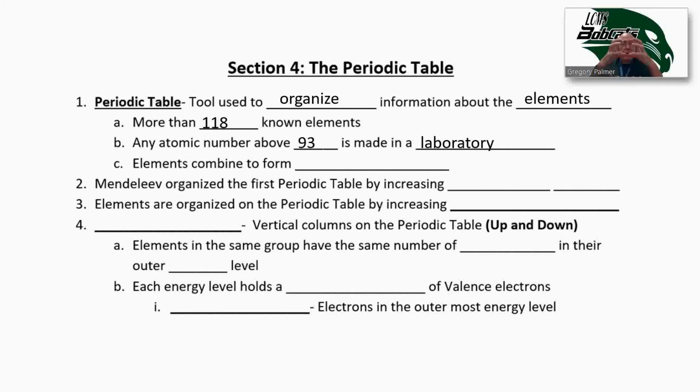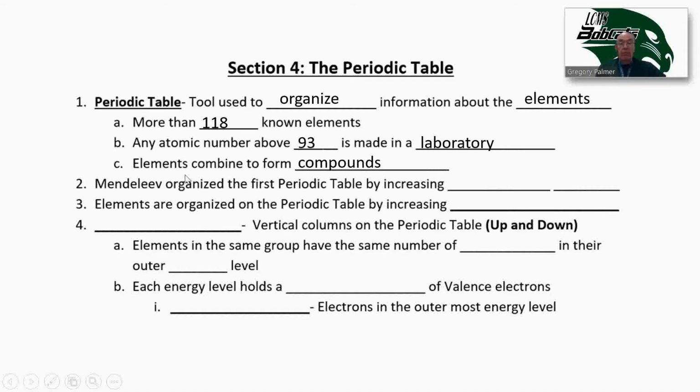You have 93 positives repelling each other, so they want to push the nucleus apart. When you get past that point, it won't stay. So they create these things in the laboratory just to find out what they are, and they disintegrate almost immediately. We also know from the very first unit that elements can combine to form compounds.